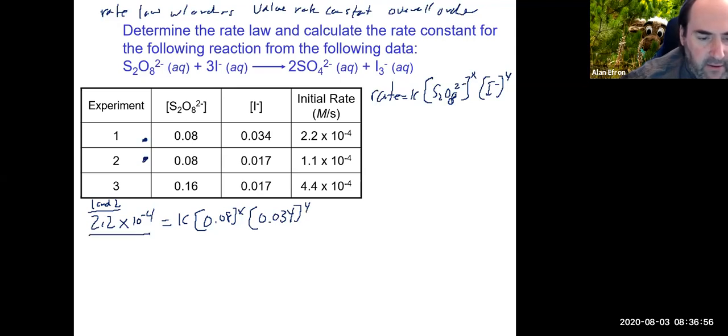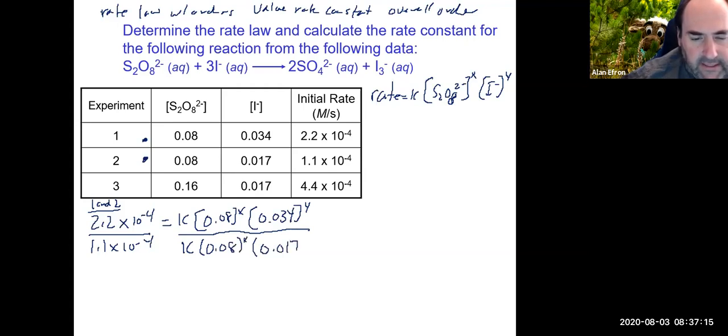And again, all that is the information from entry number 1. Entry number 2 is going to go on the bottom, 1.1 times 10 to the minus 4, we have k and 0.08 to the x and 0.017 to the y. So here we could do some math.